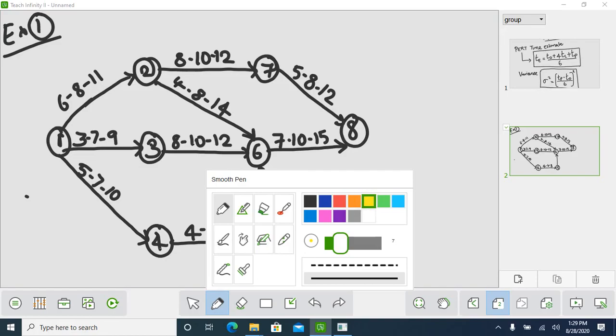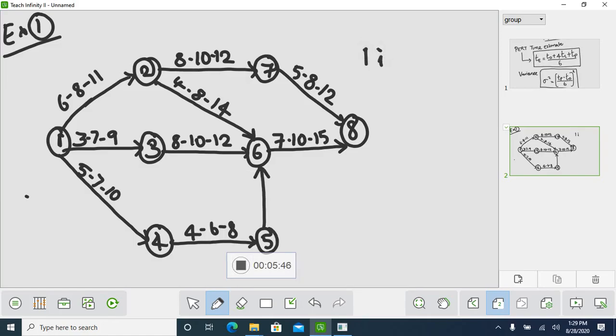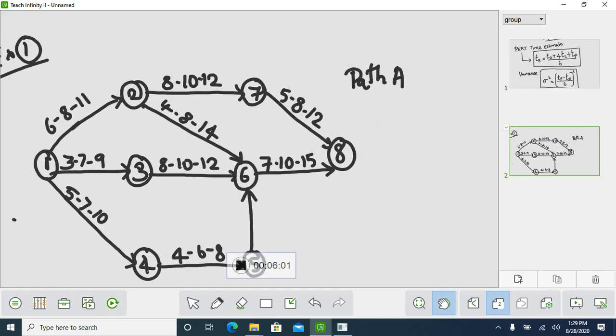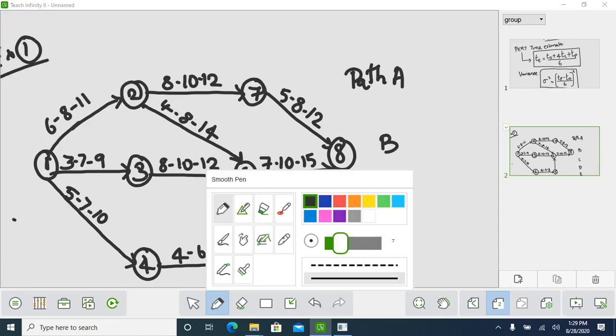We can take path A, path B, C, D, or you can take E also. First we calculate how many paths there are. What is called a path: if you want to travel from 1 to 8, how many routes do you have? That is called a path over here.